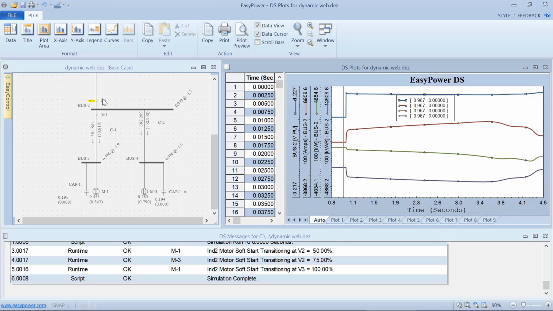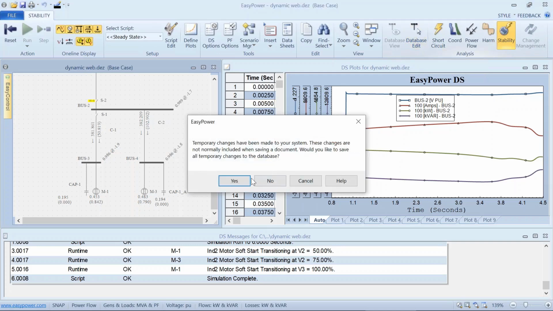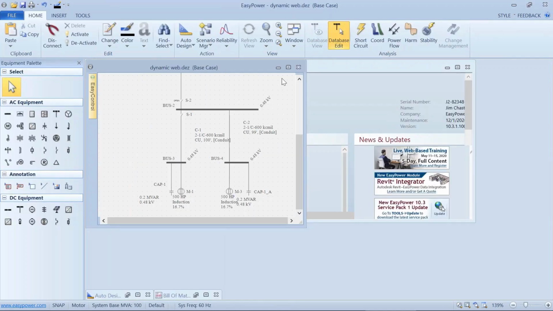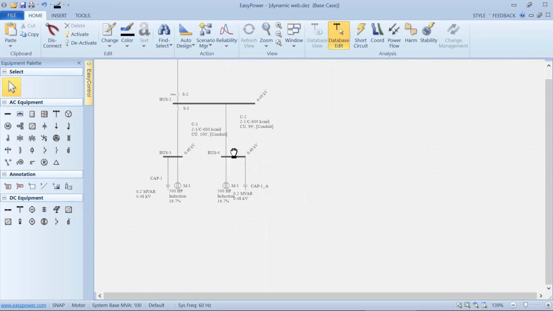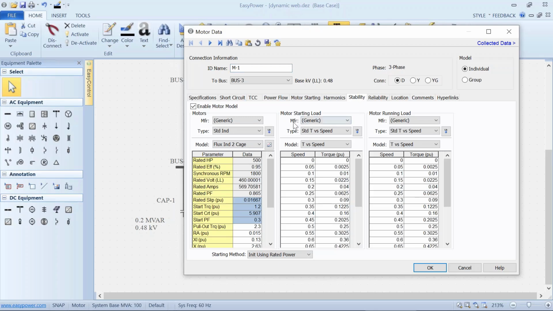Now, so what have we learned? Basically, in the database edit, to do a stability analysis, we need to set up the full flux model on the stability tab. So we go to stability, we can bring in generic values, and this will simulate a generic 500 horsepower. So whatever it is will have some reasonable profile.